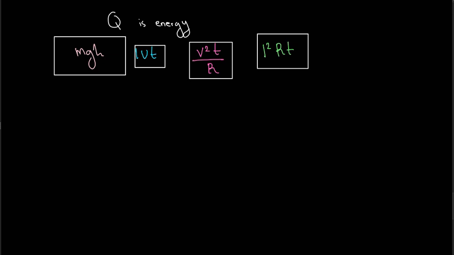Now that means since power is work done over time, or power is equals to energy over time, by extension the formulas for power will be those divided by time. So we can have power as mgh over time, and IVT over T, so another formula for power is IV.